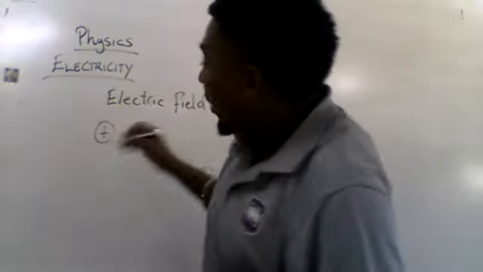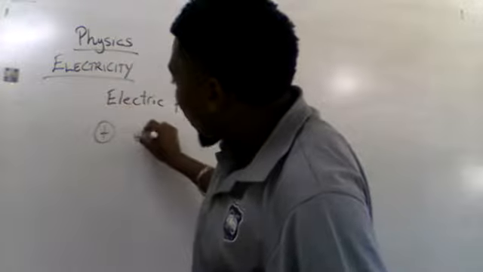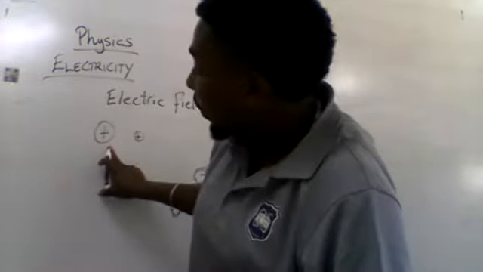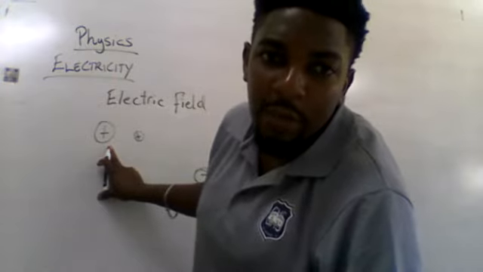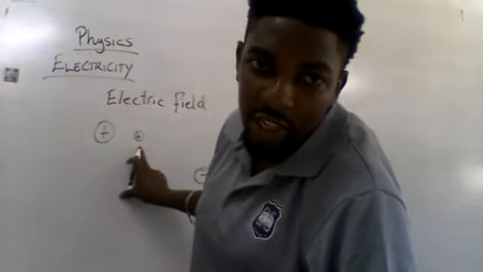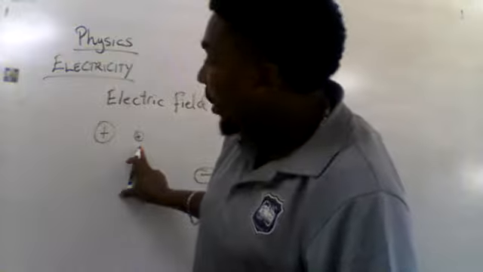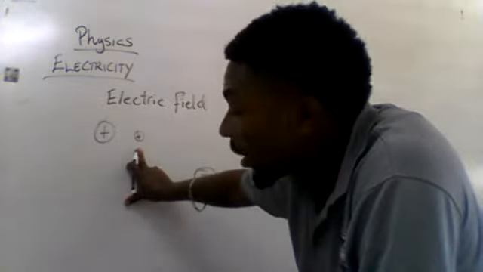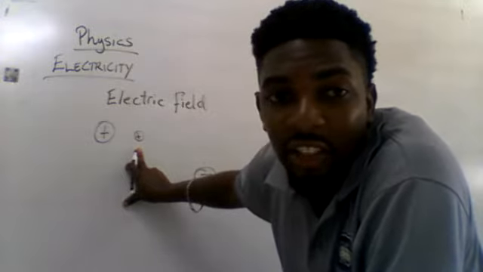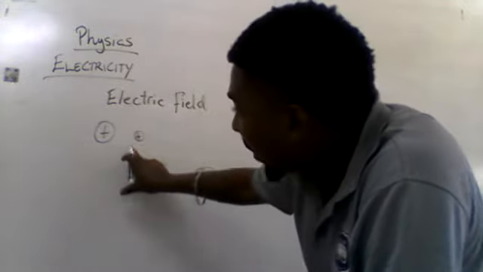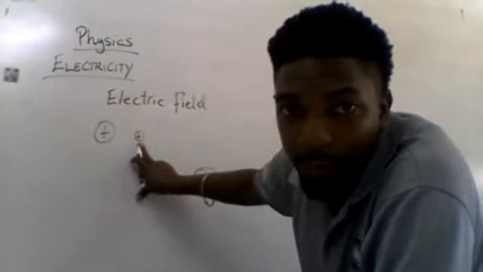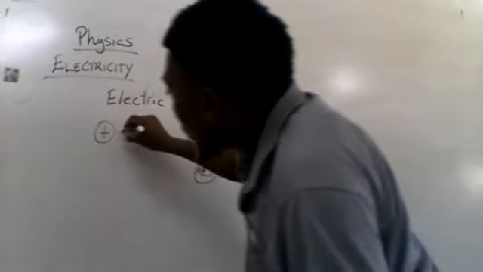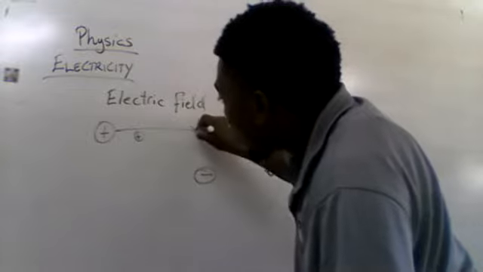If you were to put another positive charge next to this proton, what is going to happen to it? Due to one of the properties we learned about electric fields, like charges are going to repel. So if we put this charge here, it is going to push it away. It is going to cause it to move outwards in that direction.